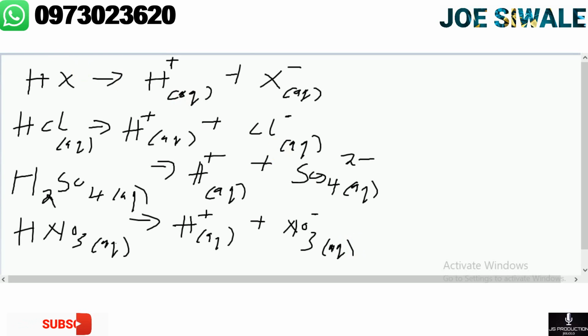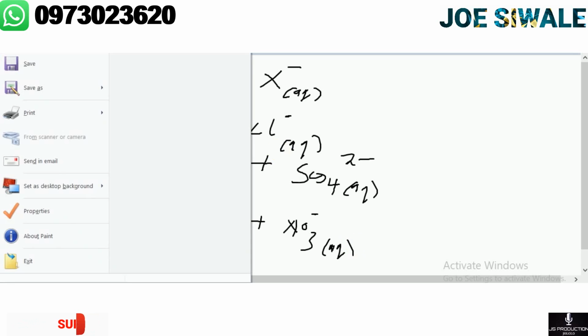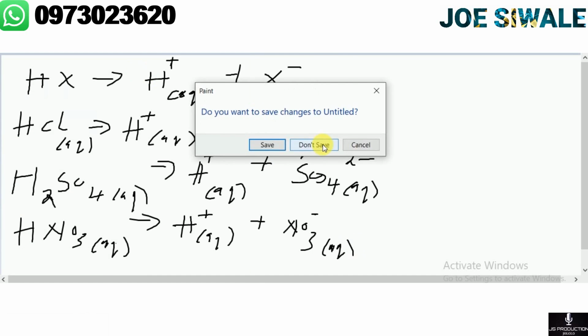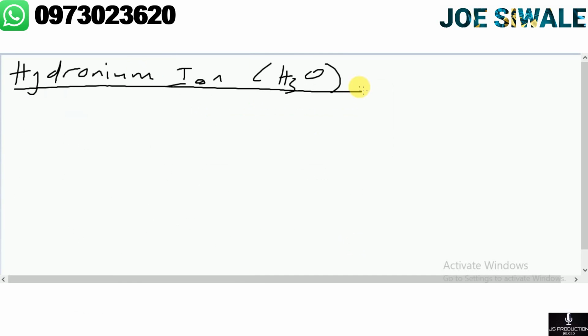So let us now look at the hydronium ion. The hydronium ion is formed when the hydrogen ion that was formed combines with the water molecules, and the hydronium ion gives the acid its properties.